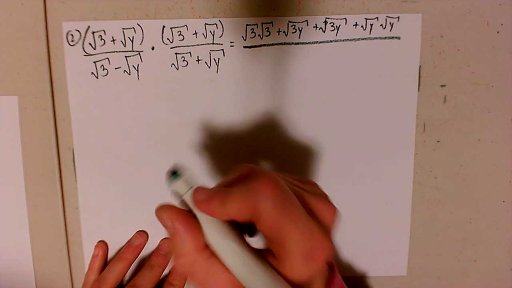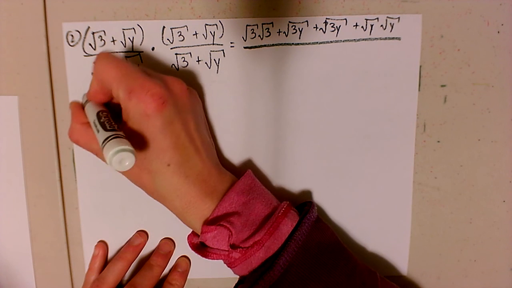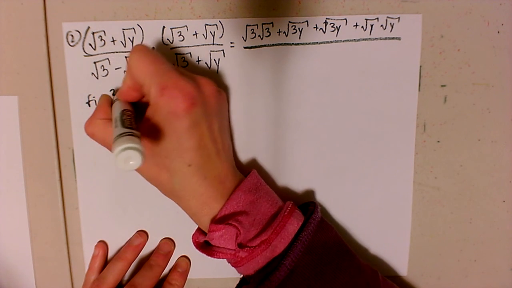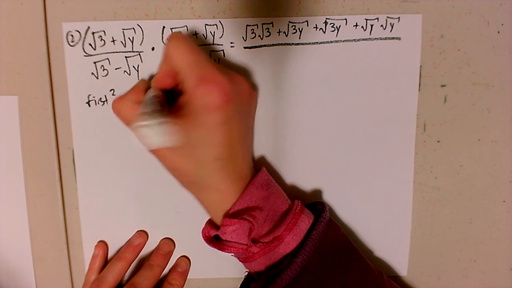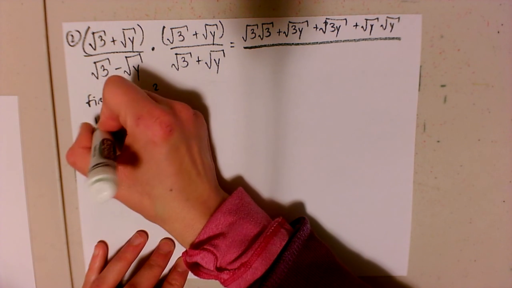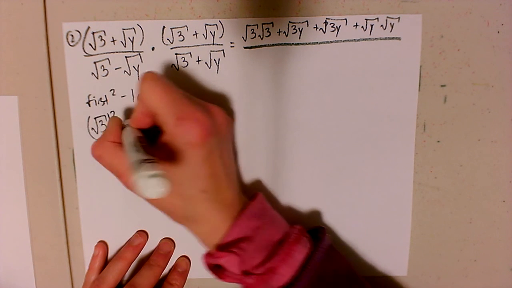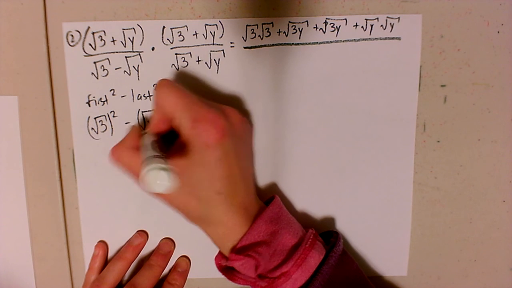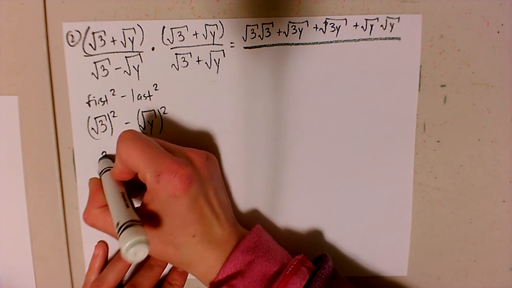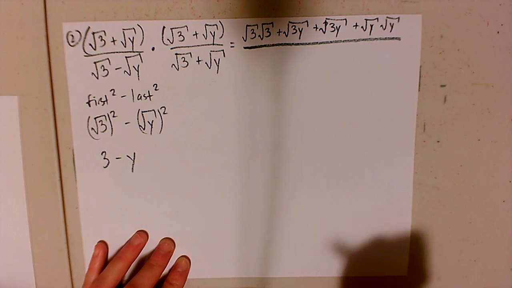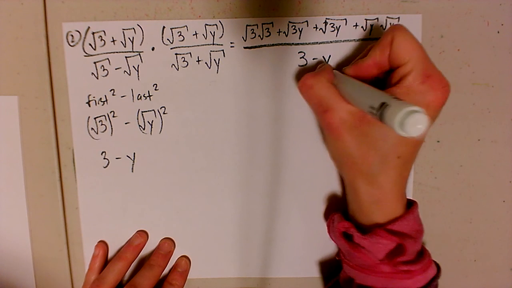Okay, and then this is all over, so we can use our shortcut again. First squared minus last squared, so that's root 3 squared minus root y squared, so that's going to be 3 minus y. And so that's our denominator here.